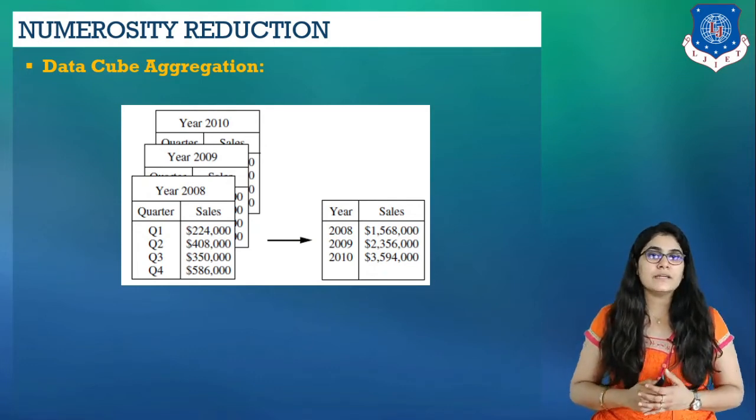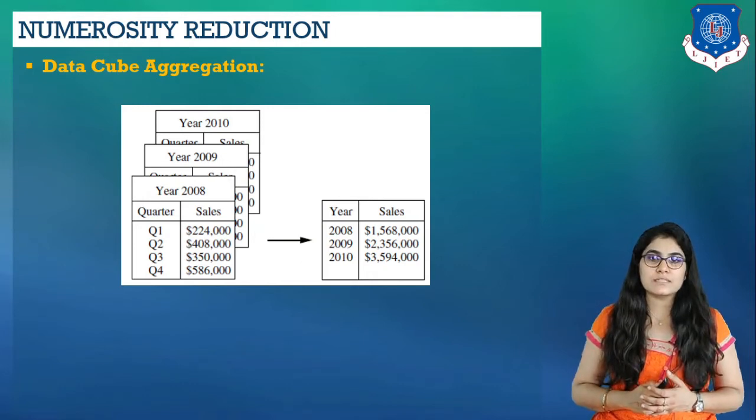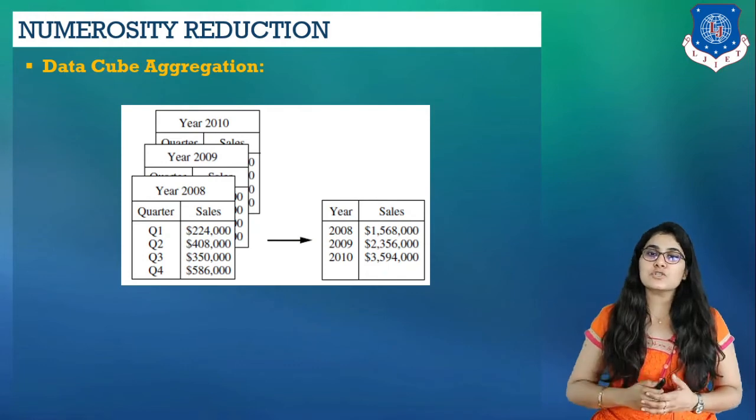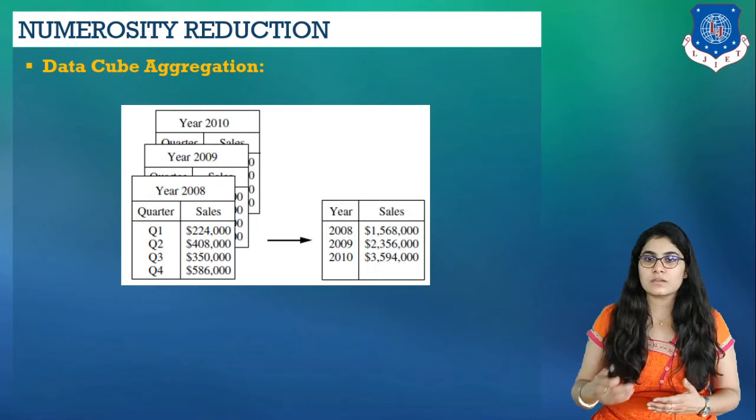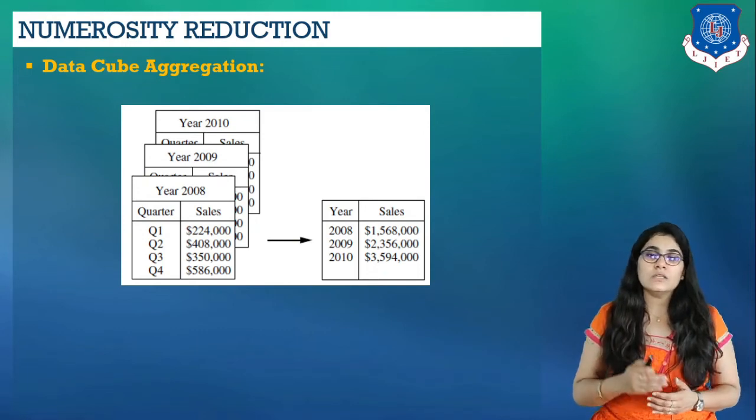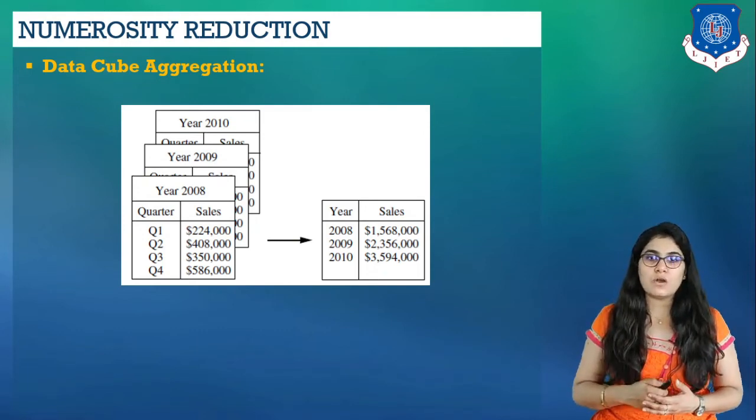The cube created at the lowest abstraction level is referred to as the base cuboid. The base cuboid should correspond to an individual entity of interest such as sales or customer. In other words, the lowest level should be usable or useful for the analysis, whereas the cube at the highest level of abstraction is the apex cuboid.